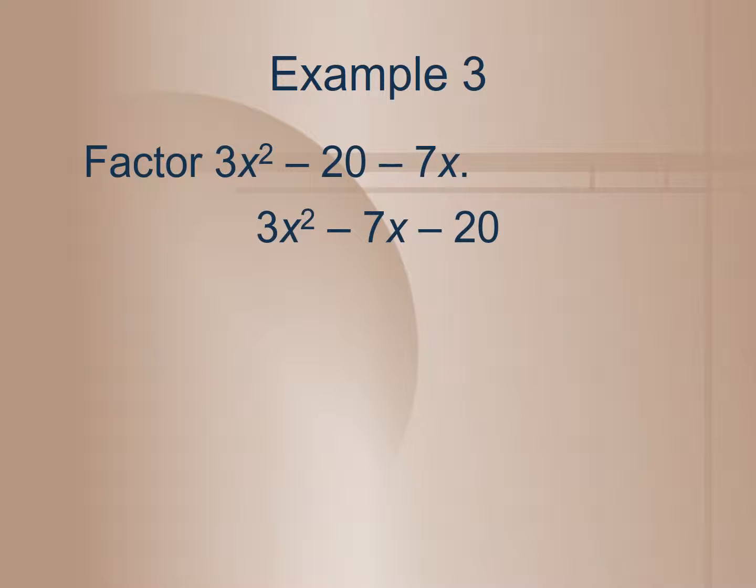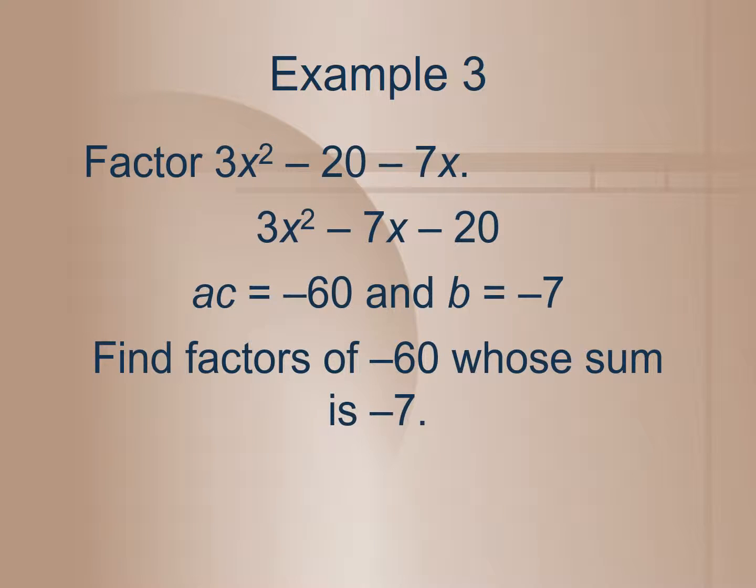So we do a times c, so 3 times negative 20, which is negative 60. We need 2 numbers that multiply to negative 60, but add up to negative 7. I know that 12 and 5 multiply to negative 60, but one of them would have to be negative.